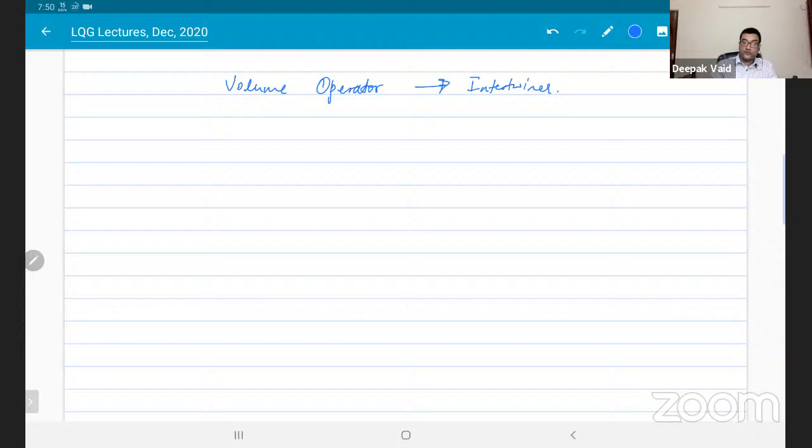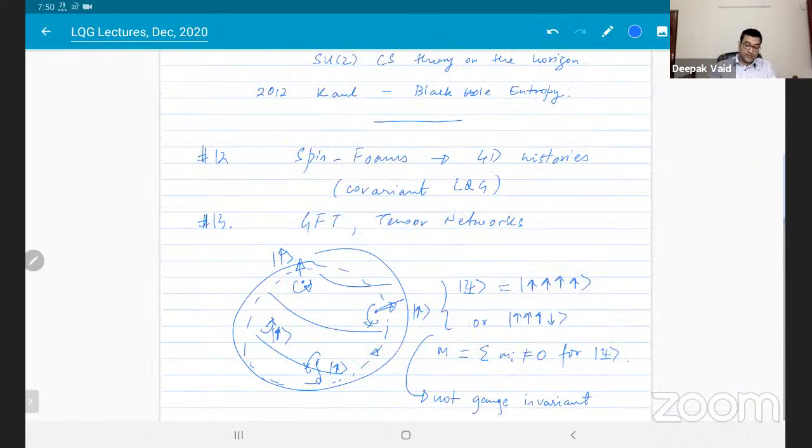So you can associate a volume operator with these vertices, with these intertwiners, right? And you can think of a black hole as an intertwiner. If it's a macroscopic black hole, you can think of it as a giant intertwiner, where you have trillions of edges coming into a single huge giant composite vertex.